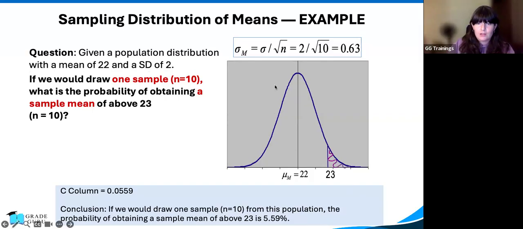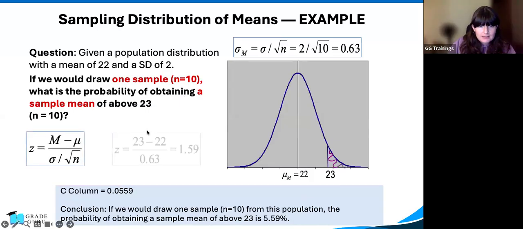You start by drawing the distribution. You mark your population mean as 22 in the center. 23 is the sample mean number that they've asked about in the question. You mark it, and it was everything that's above 23, so it's this little area there. Just by looking at this, you should already know you're going to be selecting the C column when you look it up.